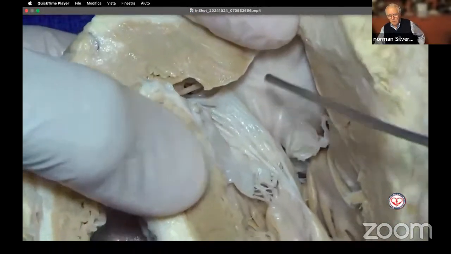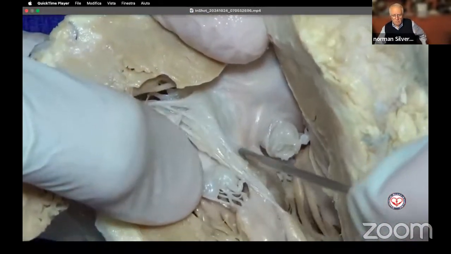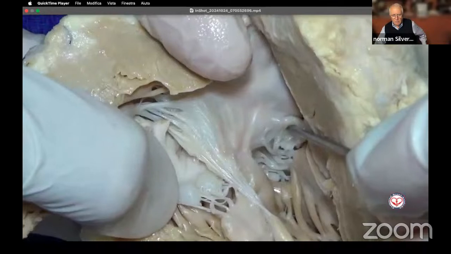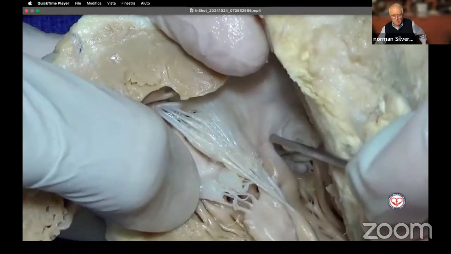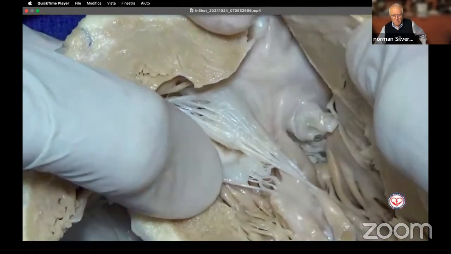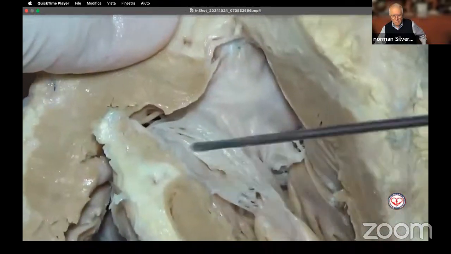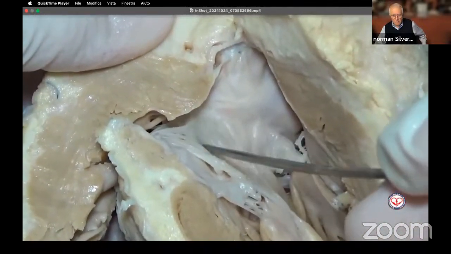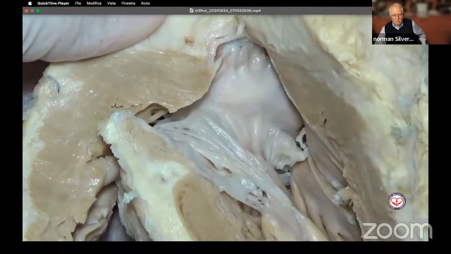Here is the fibrous continuity between the mitral valve and the tricuspid valve along that posterior inferior aspect of the defect. Also, there is the fibrous continuity between the mitral valve and the pulmonary valve.